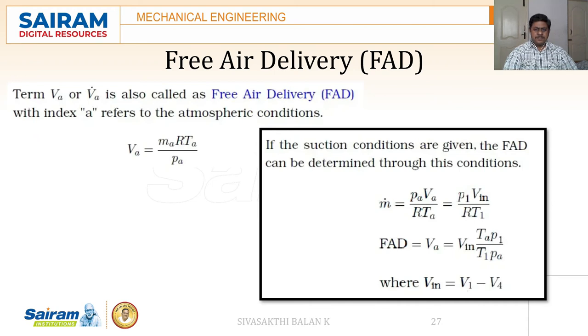When the suction conditions are given, we know that the mass flow rate is equal to PA VA divided by RTA, which is equal to the inlet suction condition P1 V induced divided by RT1.